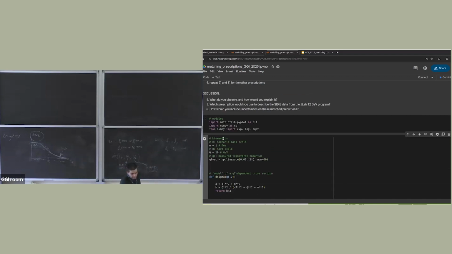So here you define the kinematics. You have the value of M, which can be 1 GeV, and then you can start from a value of the hard scale, which is pretty large, 10 GeV. So here there is a model of the cross-section, which is exactly what you had on the slides. Maybe we can write it here as well for everyone's benefit.